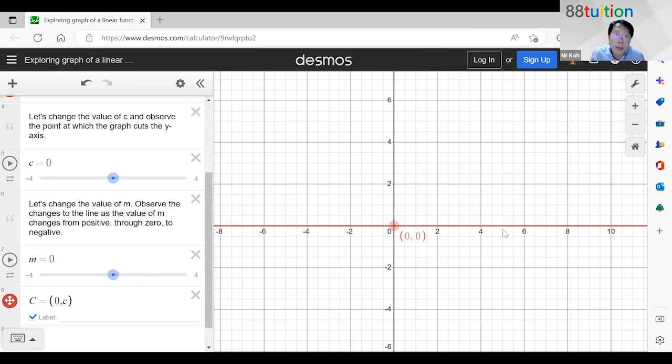So when the gradient is 0, the line is y equal to a constant. Then what happens if you have a negative gradient? You notice it goes the other direction. So this is -1, -2, -3, and finally -4.